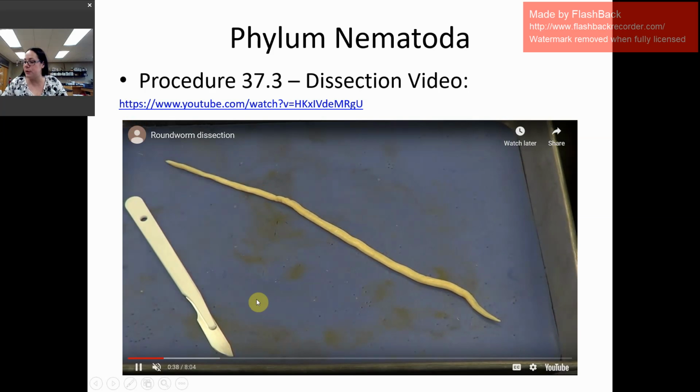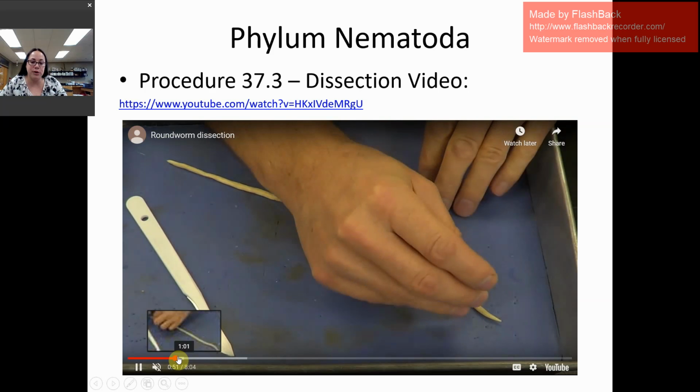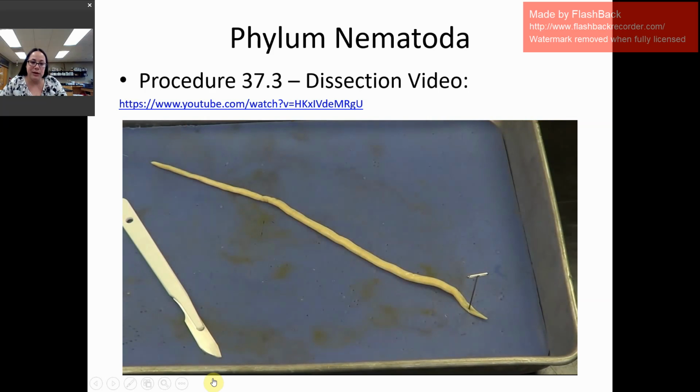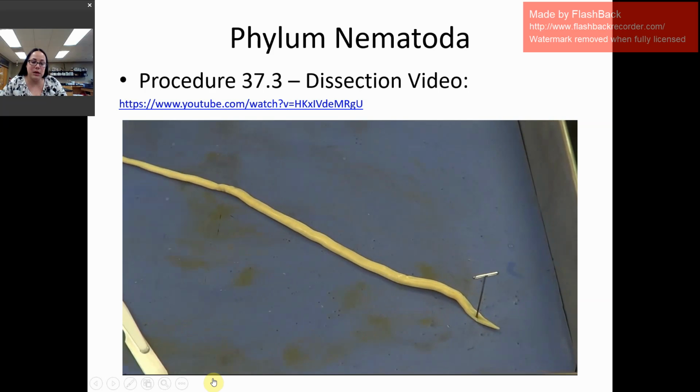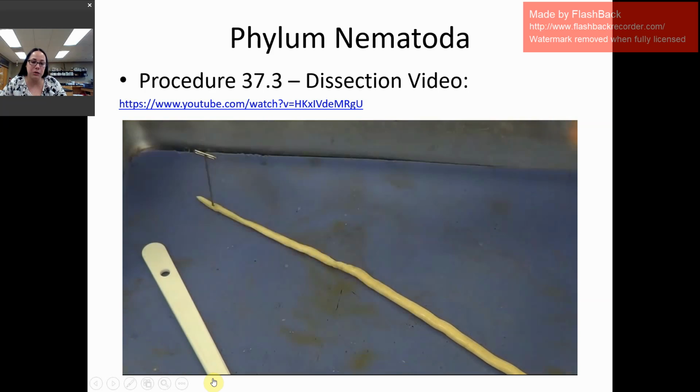Normally, for the dissection, you pin down the anterior part, pin down the posterior part, and then use either scissors or a scalpel to cut through it. That's what he's doing: pinning the anterior part, then the posterior part.